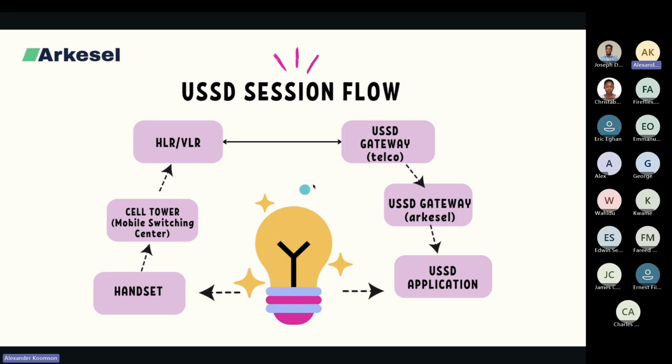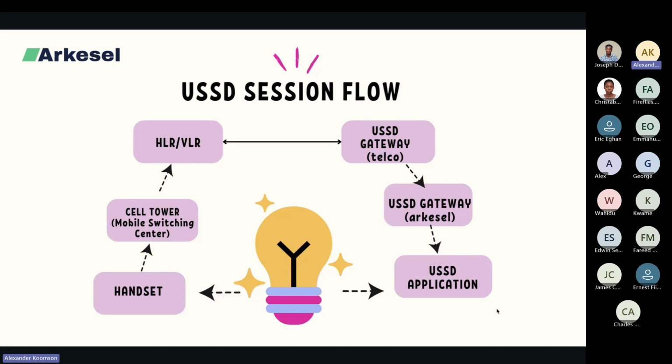But one thing I've noticed is that most telcos have shorter sessions, but most of them provide the 60 seconds here, right? So it means that on your USSD application, your response time should be relatively fast. When I say relatively fast, I'm saying between 0 to, let's say, 10 seconds.